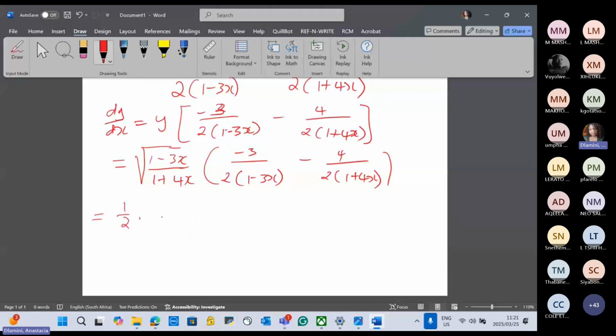Where can I simplify? What do you think I have to do for me to simplify completely? Please help. Find the common denominator.